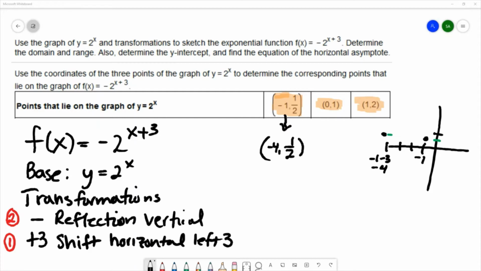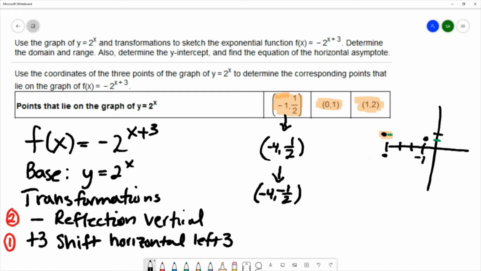Reflecting vertically means to take any points that are above the axis and reflect it to become below the axis. So this ordered pair that I'm highlighting here is 1/2 above the x-axis, and I'm going to mirror and reflect it to be below. So that y-coordinate changed, the x-coordinate stayed the same. So this point now becomes negative 4, negative 1/2. So that's where the new ordered pair would be.